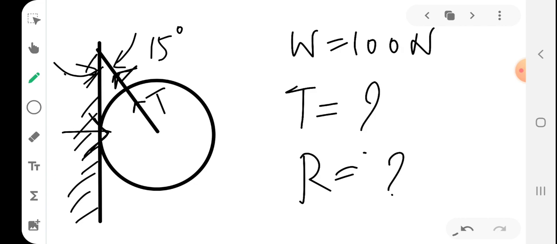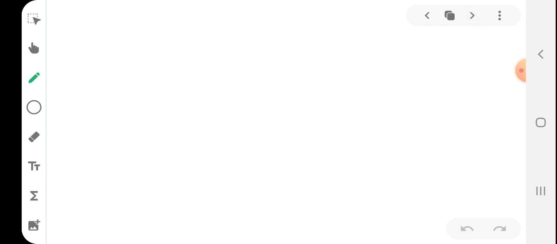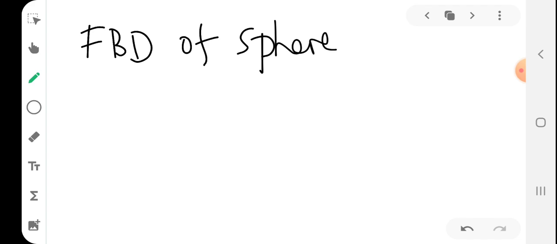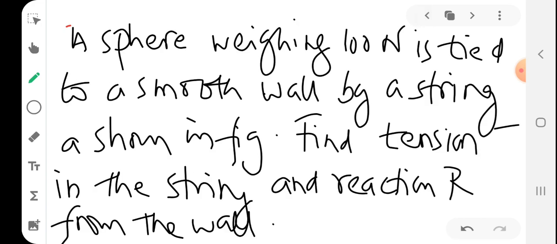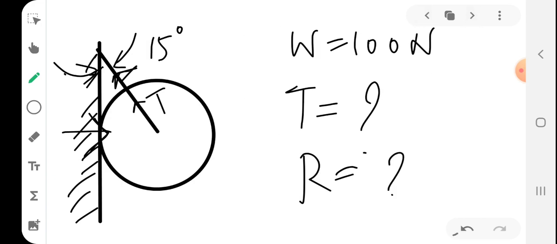In order to find these forces, you have to draw the free body diagram, the FBD of the sphere. Then only you can analyze. You can assume that this particular system is in equilibrium because there is no motion.